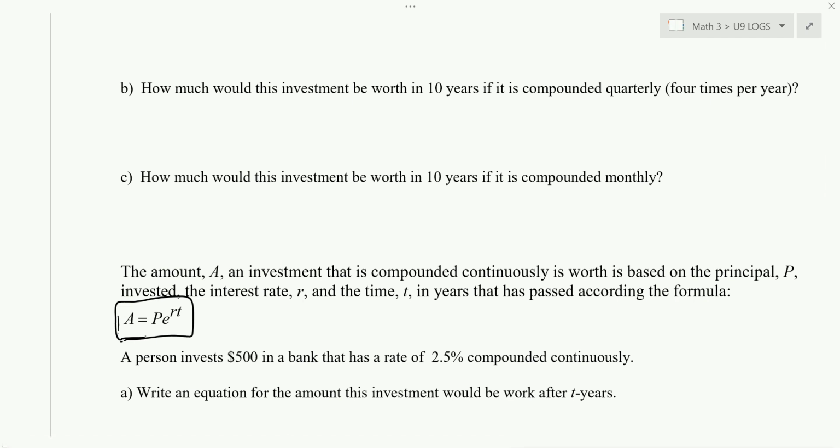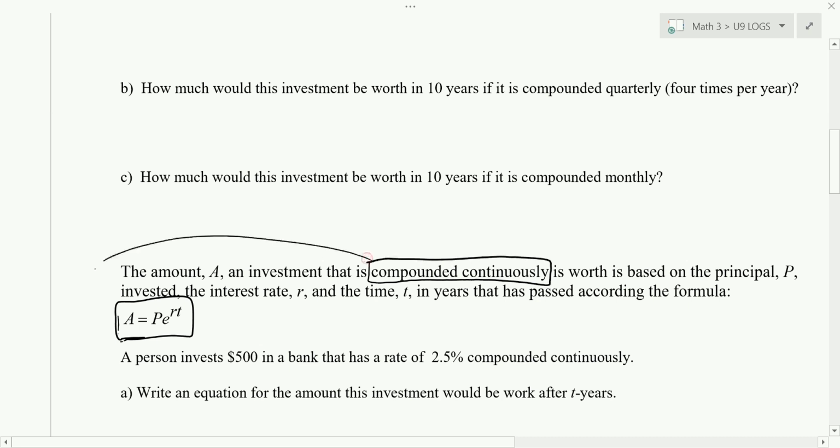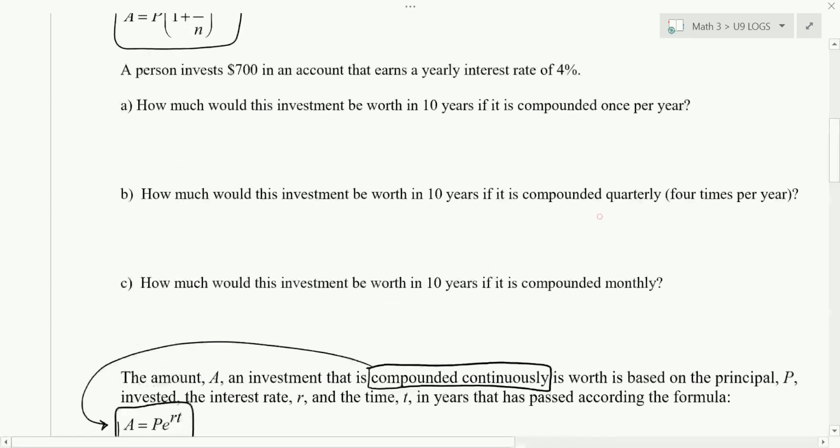And how do you know which one to use? They're both financial formulas, but if you see that it's been compounded continuously, that's the only time you're going to use this formula. If it's compounded monthly, quarterly, daily, or once a year, then you're going to use the other formula.